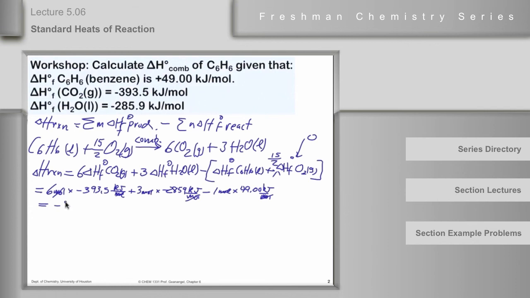The intermediate answer is negative 2361 for the CO2, negative 858 kilojoules for the water, negative 49 kilojoules for the benzene, and if I did my arithmetic right, which is 50-50 chance, negative 3,268 kilojoules.